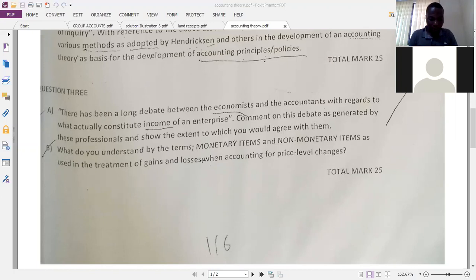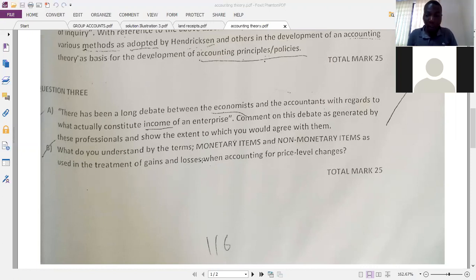Are you getting it? They exist as money or as claims to specified sums of money. Holders of monetary assets suffer loss in the general purchasing power of their assets during periods of inflation.